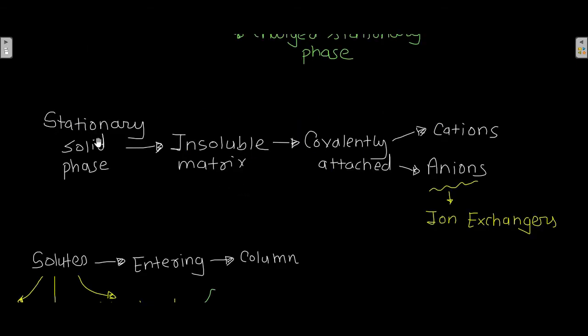The stationary solid phase used in ion exchange chromatography is made up of an insoluble matrix to which there is covalent attachment of cations and anions, which are known as ion exchangers. When these cations and anions are covalently attached to an insoluble matrix, that is your stationary solid phase.